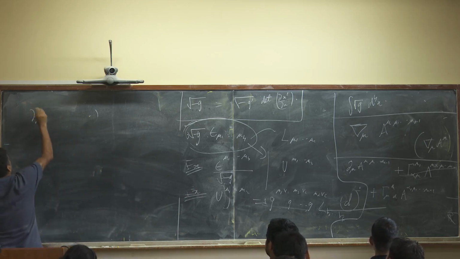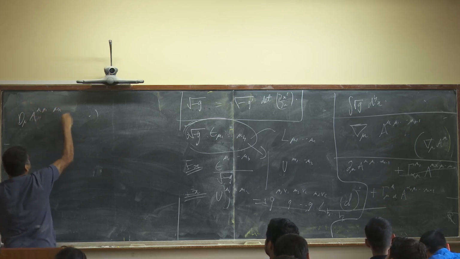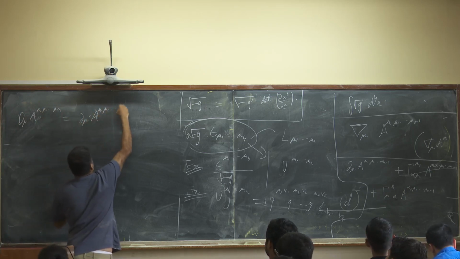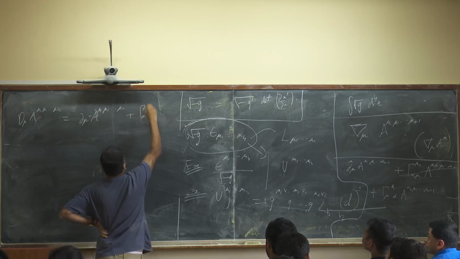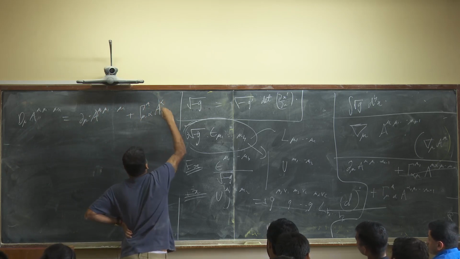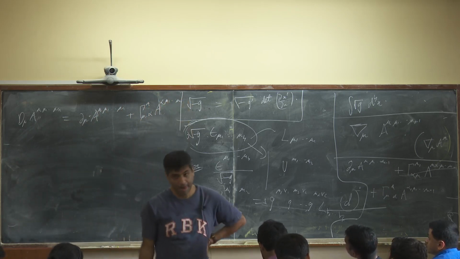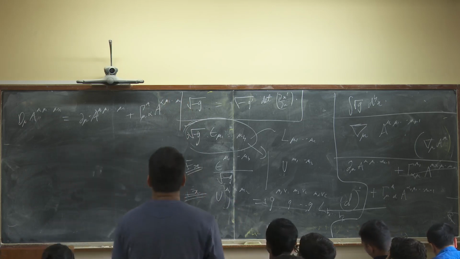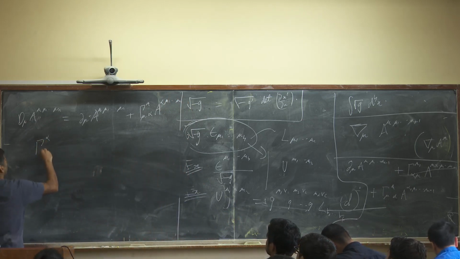This divergence ∇_μ A^{μ μ1 to μ n} is equal to ∂_μ A^{μ μ1 to μ n} plus Γ^μ_{μ α} A^{α μ1 to μ n}. Now let's see what we can say about Γ^μ_{μ α}. Remember the formula for gamma?